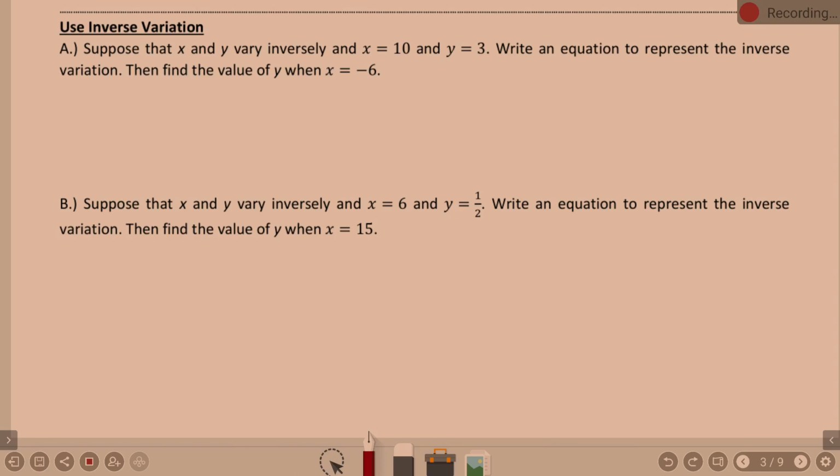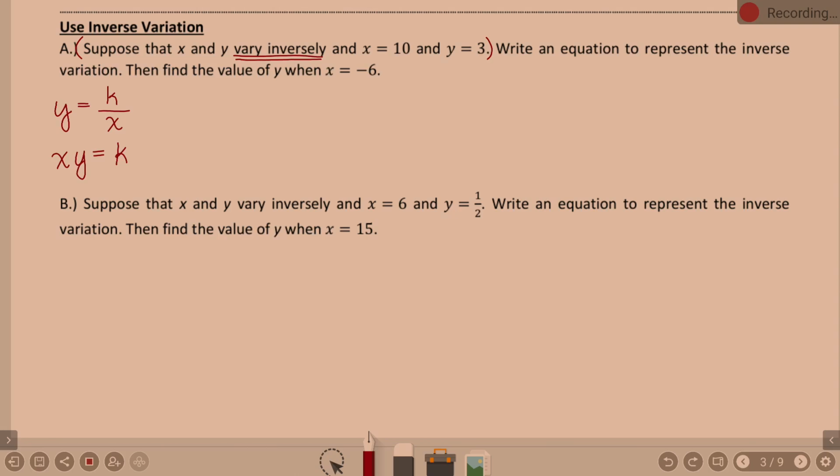Let's just look at this first sentence. Suppose that x and y vary inversely, and x is 10 and y is 3. So it's inverse. Okay, keyword. It says varies inversely. My equation options for vary inversely, if you go back up top, are y equals k over x and xy equals k.